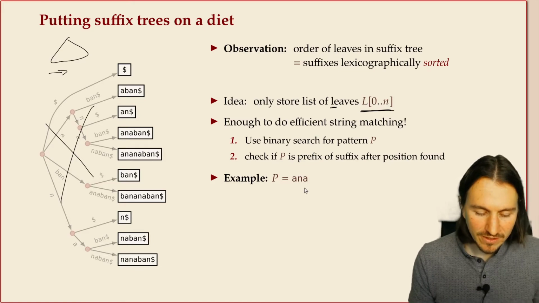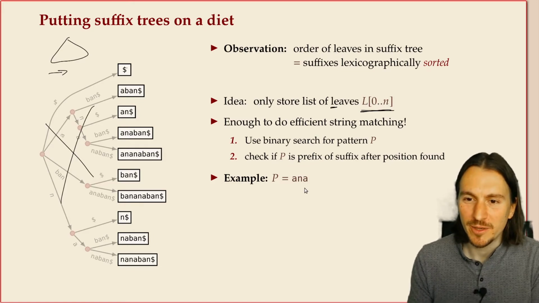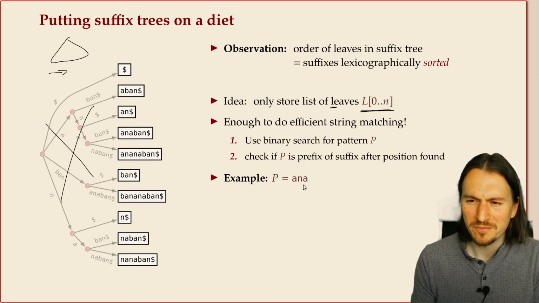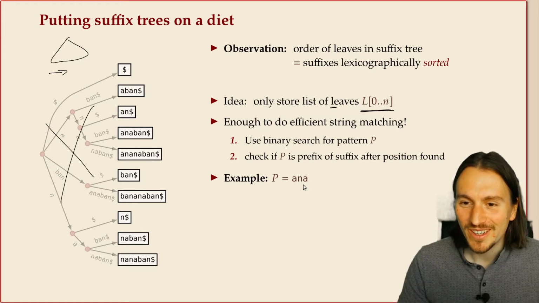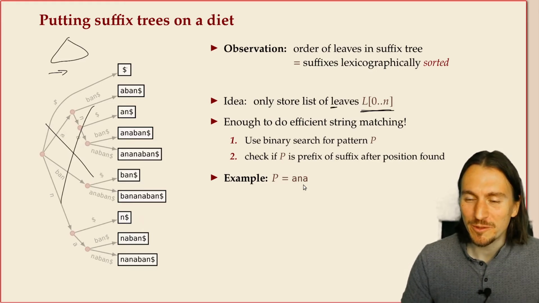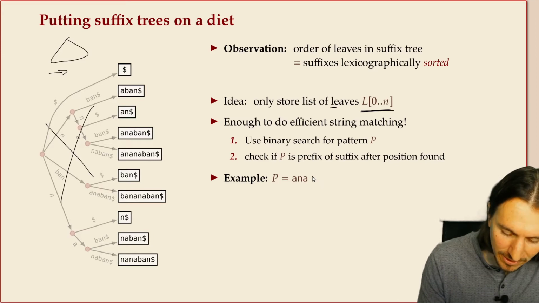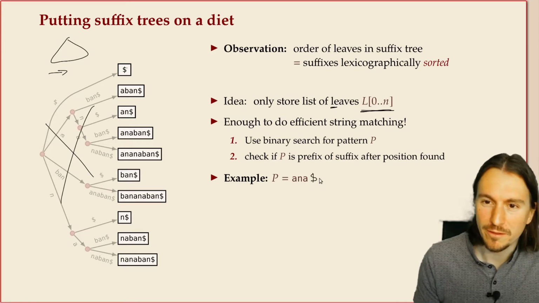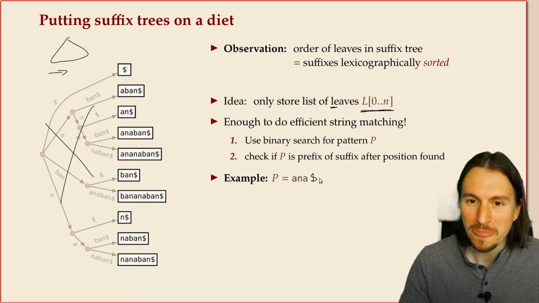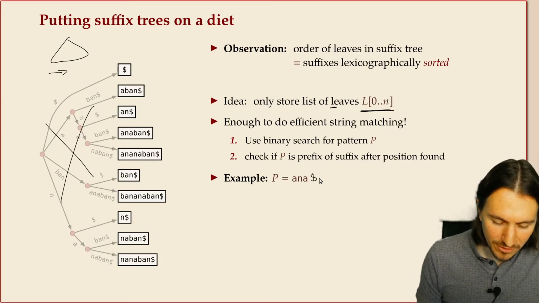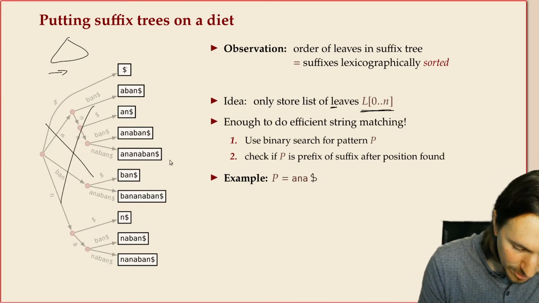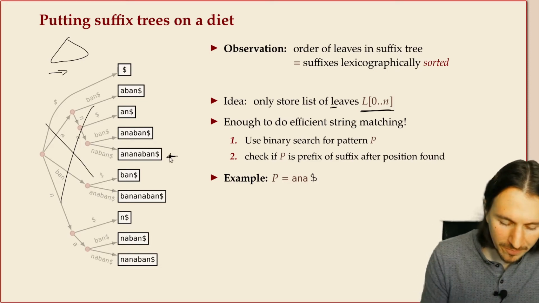Suppose we want to find if the text banana ban contains Anna, the Spanish Anna. How would we do this? Well, we do a binary search for Anna where we fill it with dollars in case of doubt. And, well, how would this work? We would probably start comparing here.